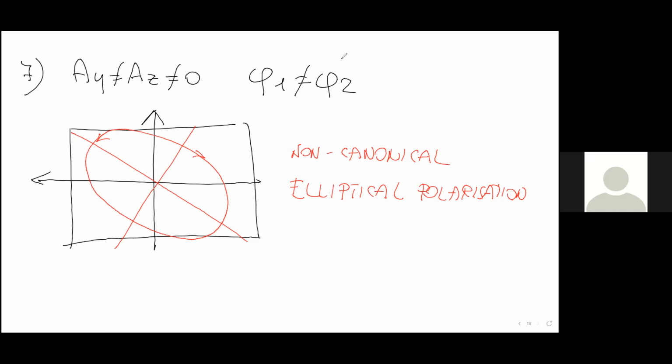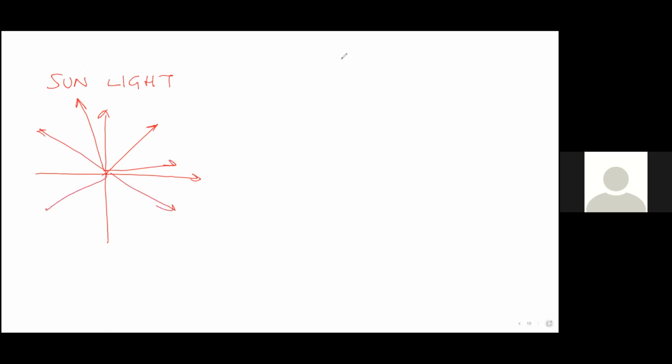Sunlight is not polarized. These are the states of polarized light. When one observer looks at sunlight, at a certain moment, the field is here. One second later, it is here, then here, then here. And these jumps are completely random.